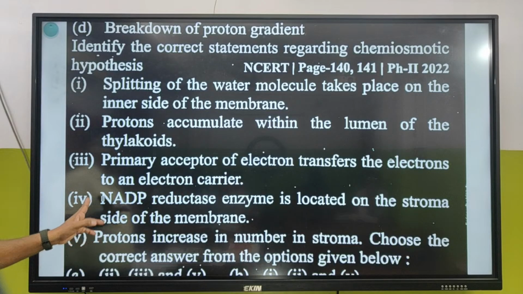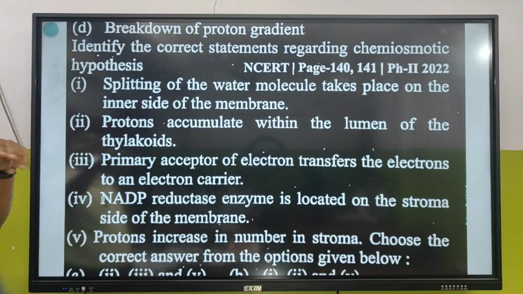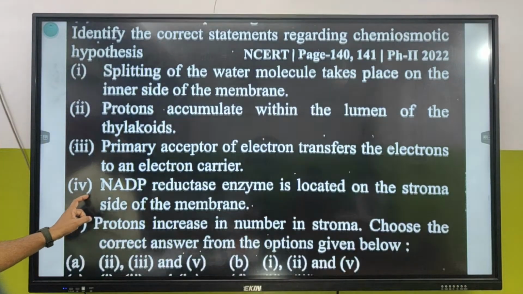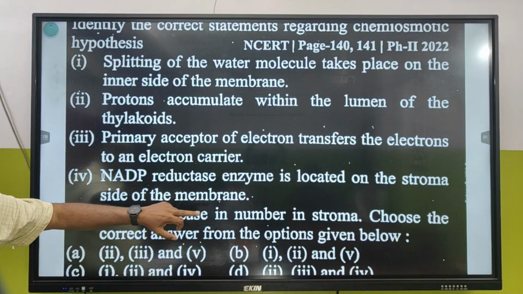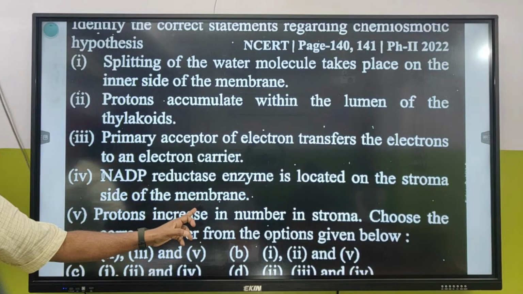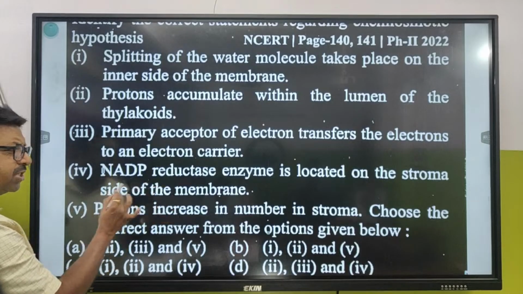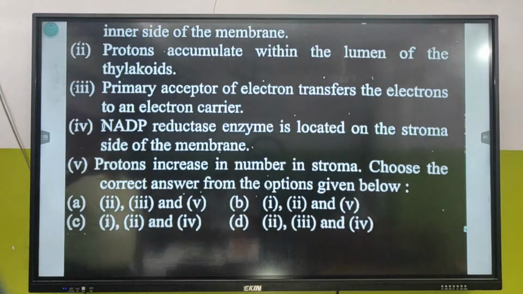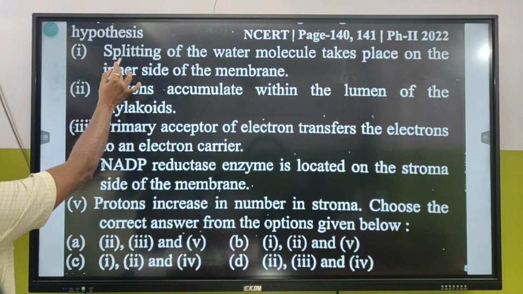True? Identify the correct statement. During chemiosmosis, NADP reductase enzyme is located on the stroma side of the membrane. That's true. NADP reductase is there on the stroma side of the membrane. So what is 1? 1 is right.